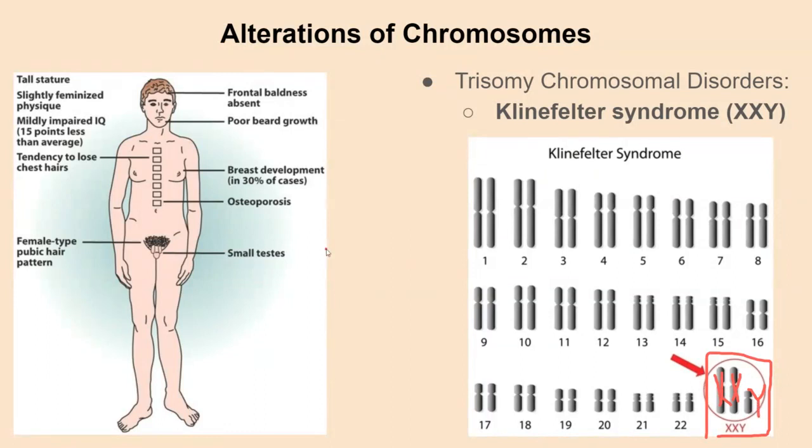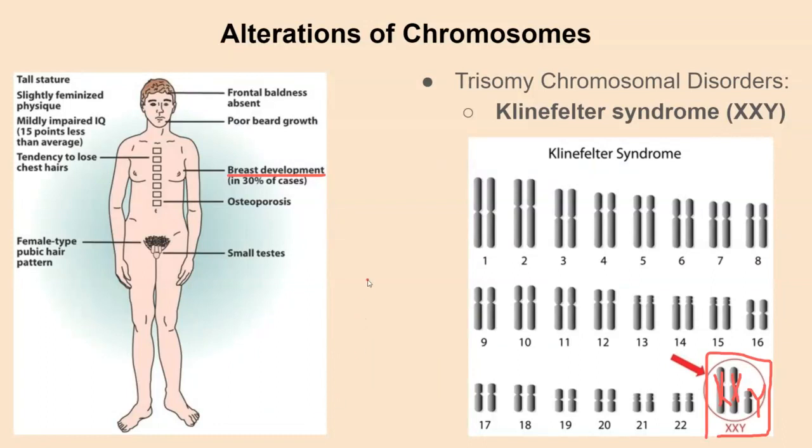Okay, so this person will most likely present male through childhood, but then during puberty will start to develop more secondary female characteristics, such as breast development in 30% of the cases, or very female patterned pubic hair and lack of a beard. They will appear more feminine, but persons with Klinefelter syndrome may live a normal, happy life without ever knowing that they have Klinefelter syndrome.